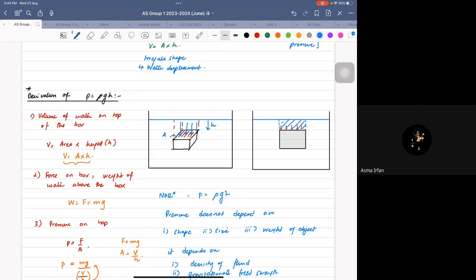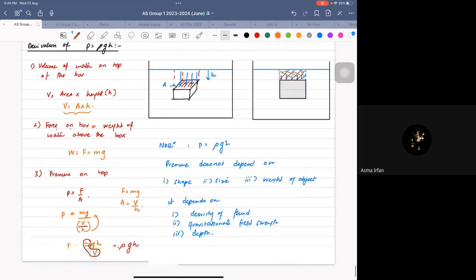And how much water's weight? This much water, which is on the top. So I've said force on the box is equal to the weight of water above the box. That's why I've taken F as mg.